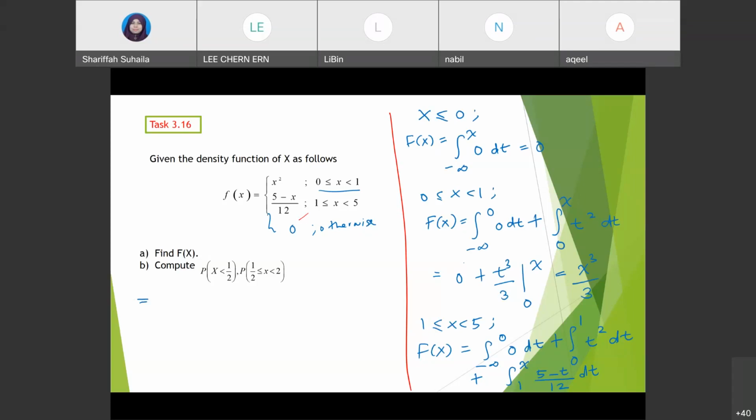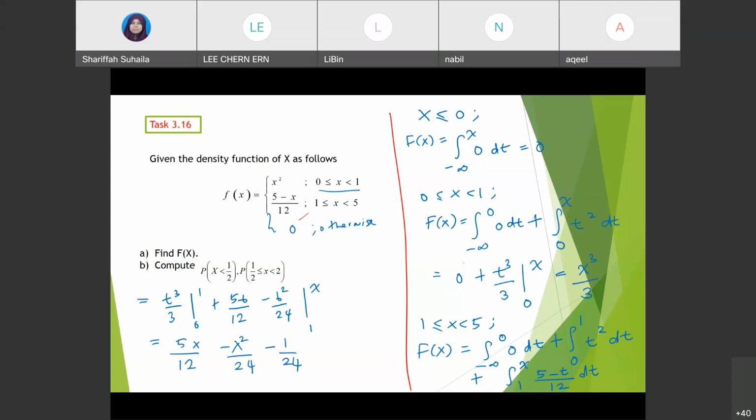So ini T cube over 3 and then you just masukkan nilai 0, 1 and then kita ada 5T over 12 minus T square over 24 and then ganti nilai dia 1 up to X. Okay, simplifykan semua tu and then double check your answer should give you 5 over 12 X minus X square over 24 minus 1 over 24. Kalau nak simplify lagi, boleh jugalah simplify kan.